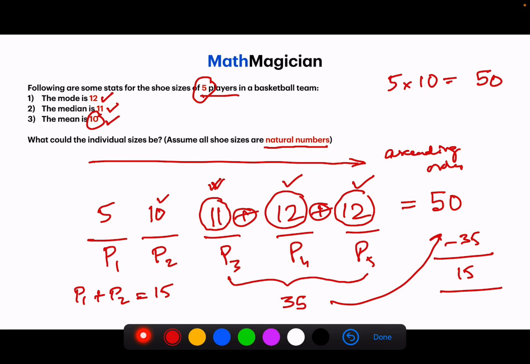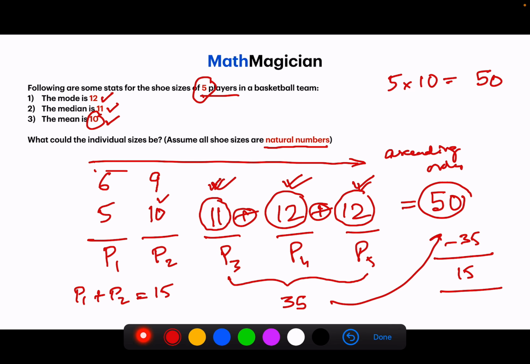Why? Because if we put P2 as 9, then P1 can be 6, and the condition is still satisfied. The median is 11, the mode is 12, and if you add all of these up from left to right, it results in 50. Can we go one step further?